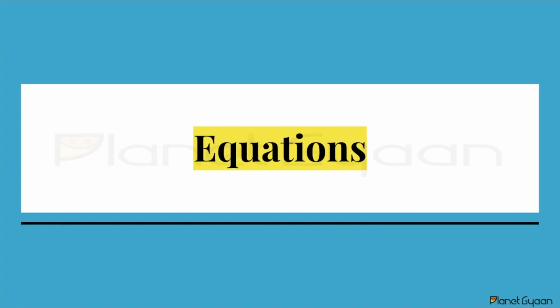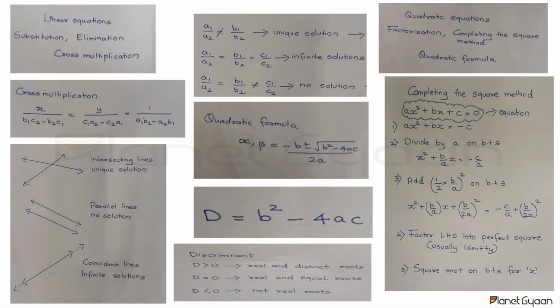Second is related to equations. I'm talking about linear equations and quadratic equations. In this you will see different types of methods which we use for solving linear equations: substitution, elimination, cross multiplication. Similarly for quadratic, on the extreme right, some different methods. There are formulas, then there is cross multiplication, how to do it. Can you see that? x upon b1 c2 minus b2 c1, so kind of like a formula, right? Then the discriminant, D is equal to b square minus 4ac.